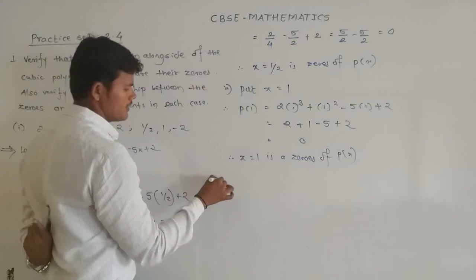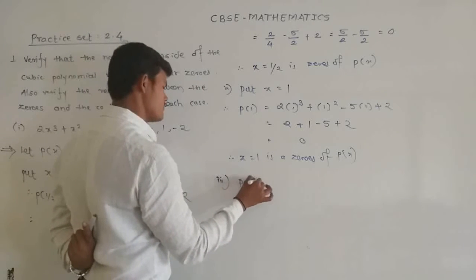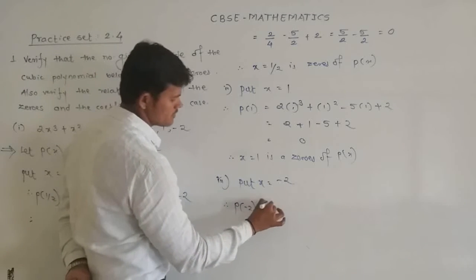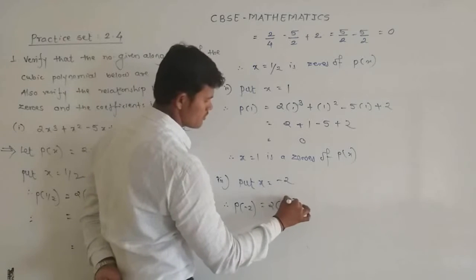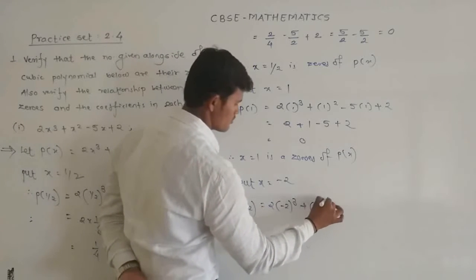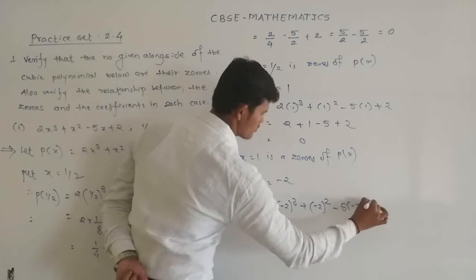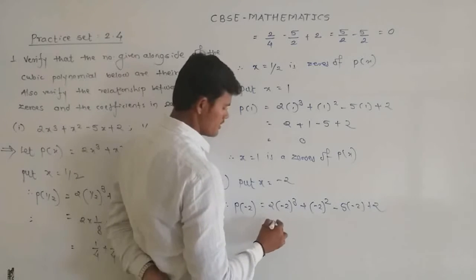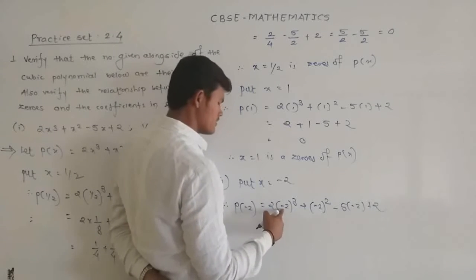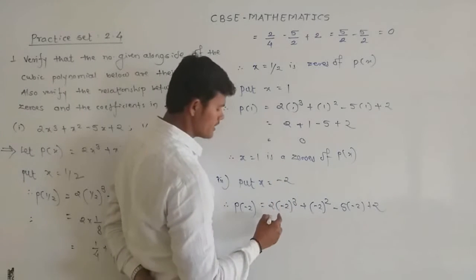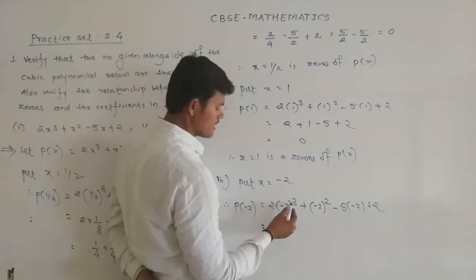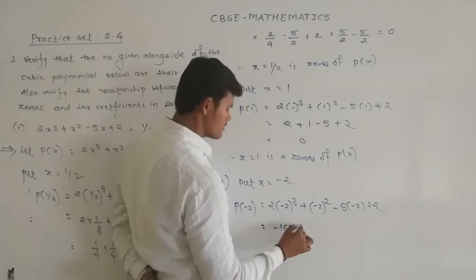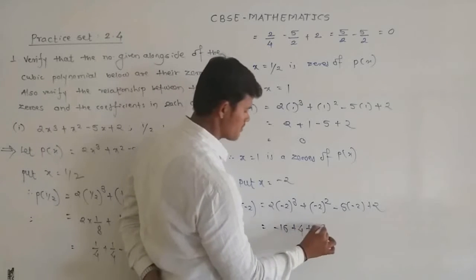Now the last value, put x equals to minus 2. That means p of minus 2 is equal to 2 in bracket minus 2 whole cube plus minus 2 square minus 5 into minus 2 plus 2. Cube of 2 is 8 and the cube of every negative number is always negative. That is, minus 2 cube is minus 8, so minus 16. Square of a negative number is always positive, so plus 4 plus 10 plus 2.